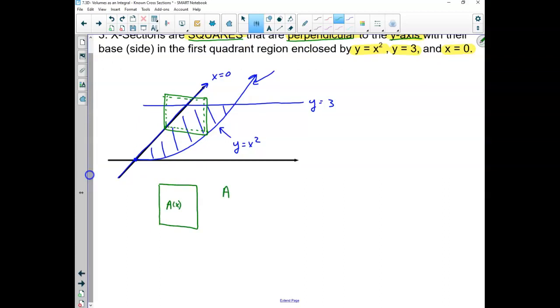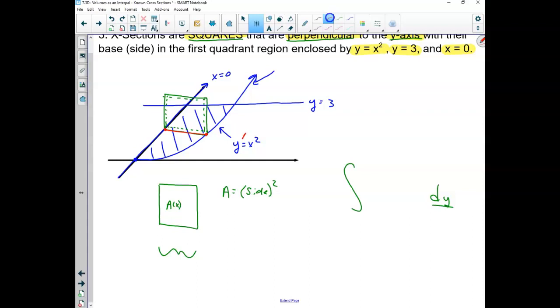I know the area of a square is side squared. Well, I need to know how long a side is. Also, this is a dy, so my function needs to be in terms of y. The length of the side is going to be right minus left in terms of y.